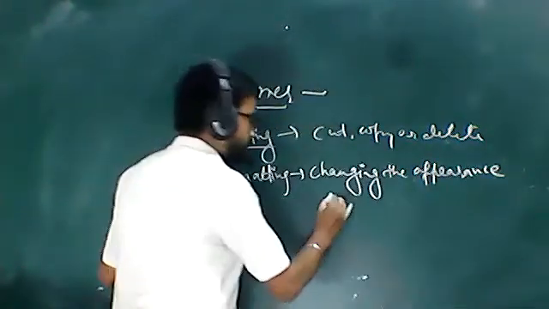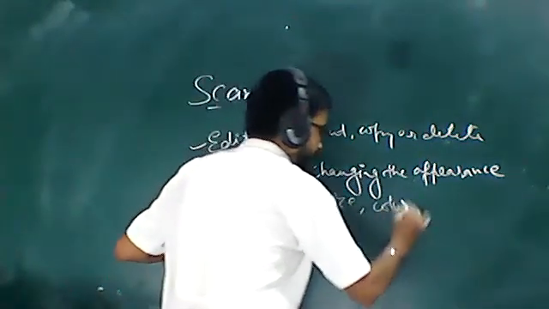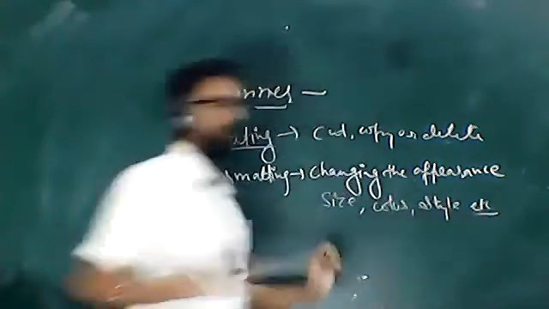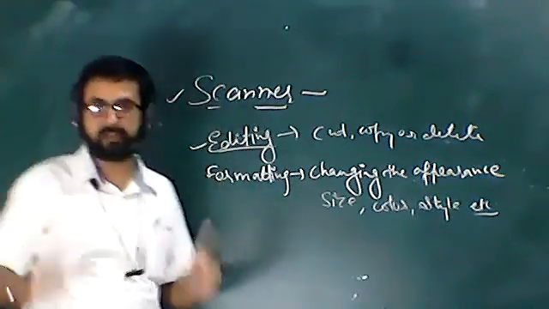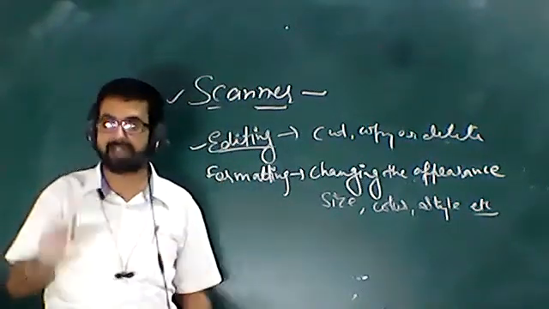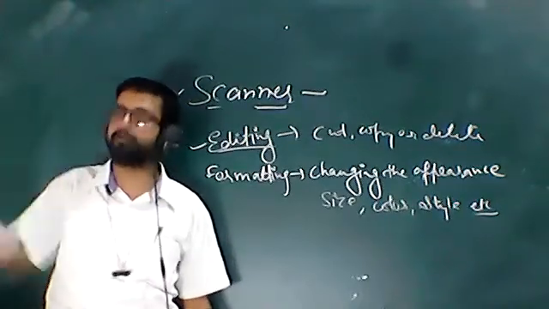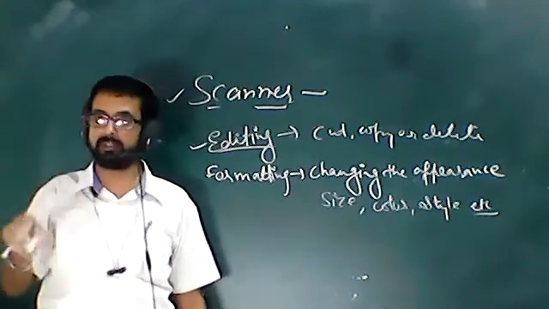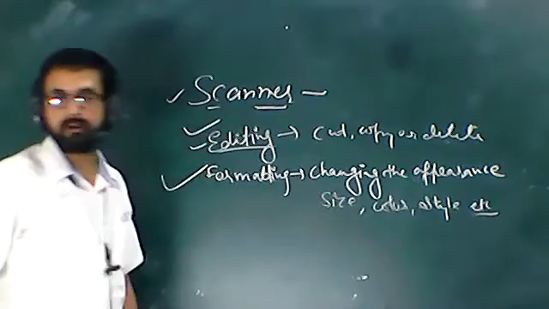Like changing the size, color, style, and so many things we can perform in formatting. So a scanner is a type of input device that is used to make our text or pictures into digital form, meaning we can insert them in our computer system to perform all types of editing and formatting.